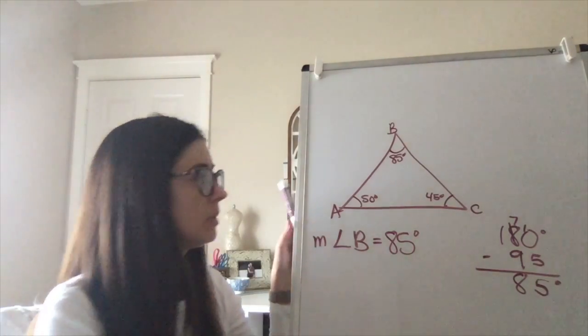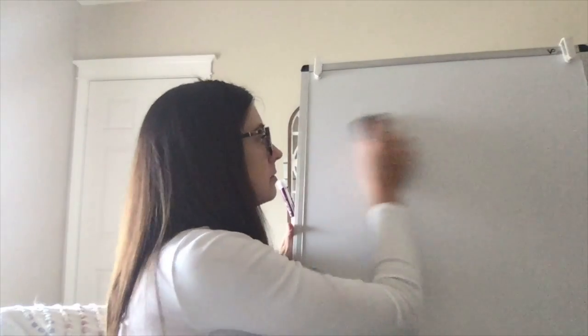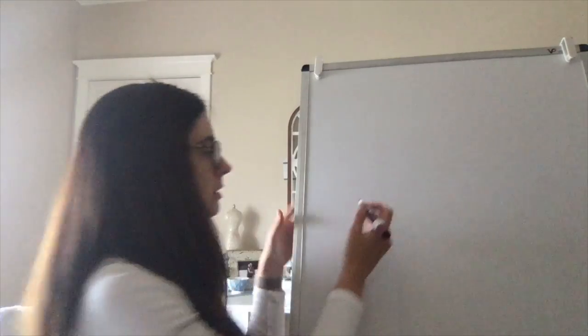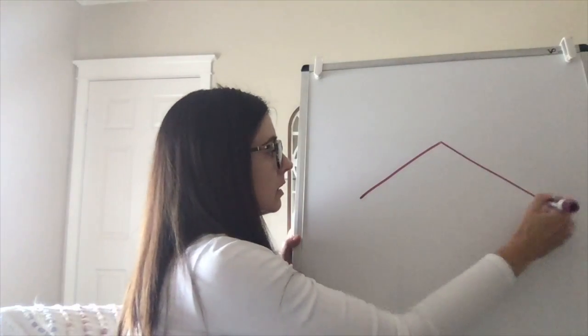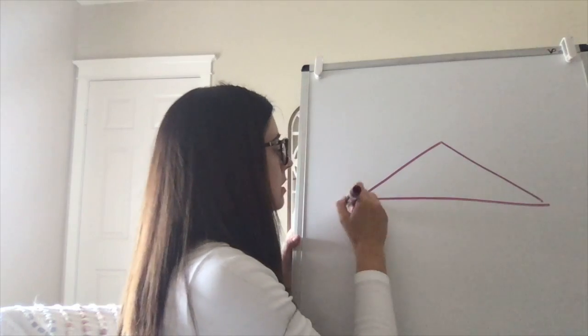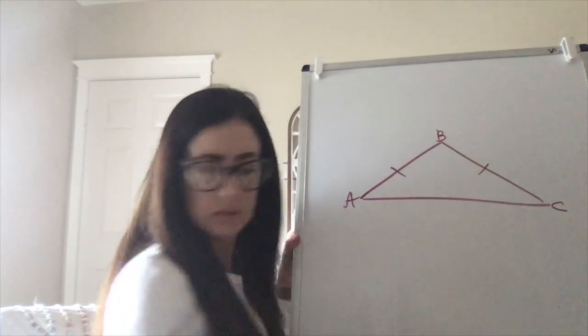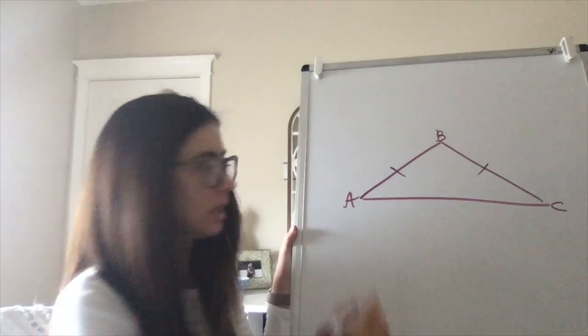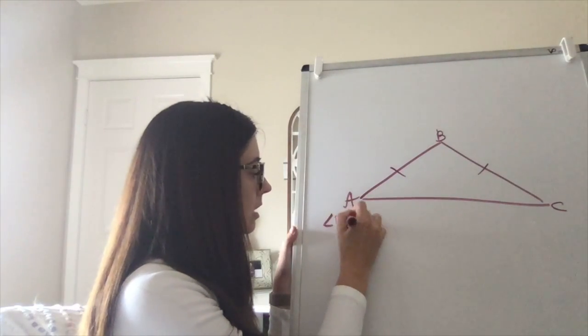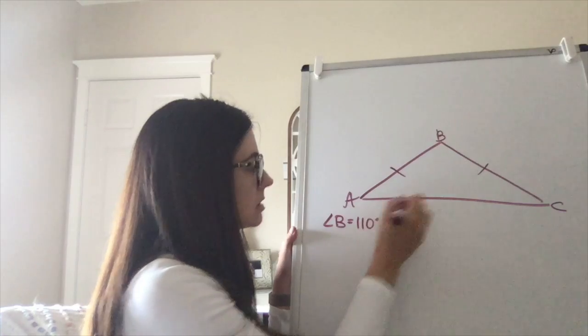One last example. It says angle B measures 110 degrees. Ooh, this is a good one. Okay, so we have ABC, 2 tick marks, and they say that B equals 110 degrees.